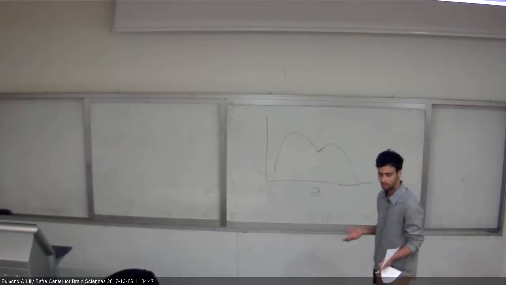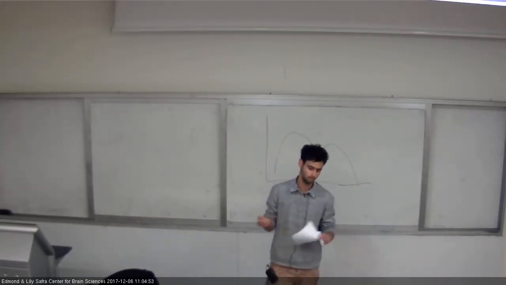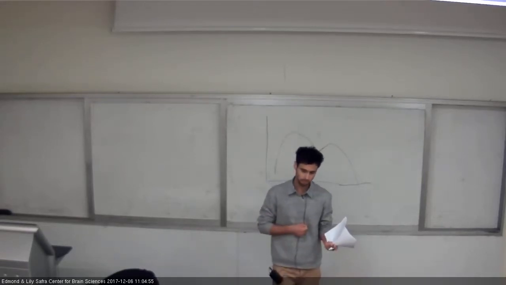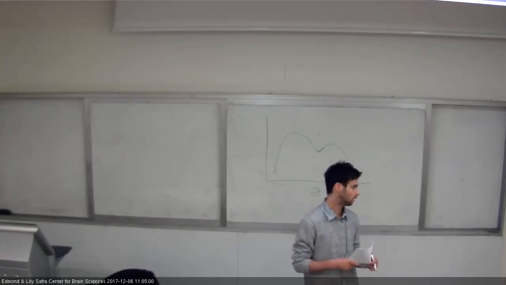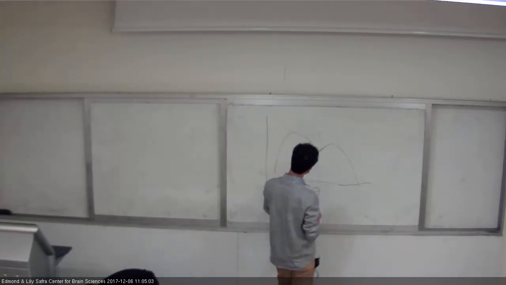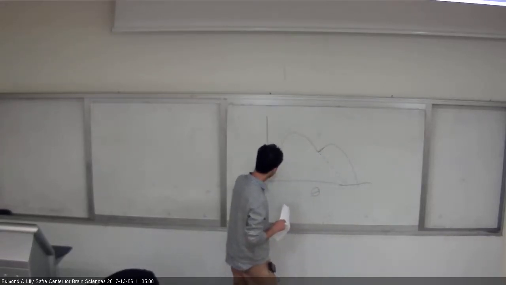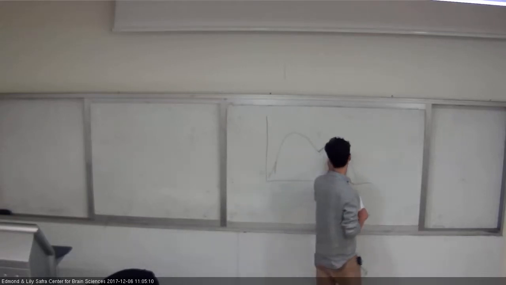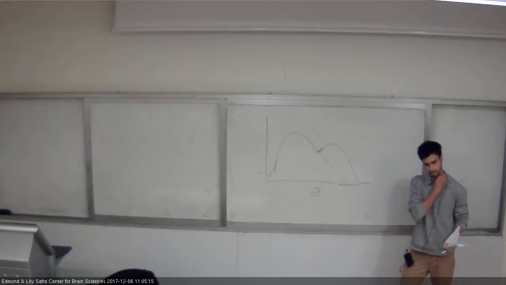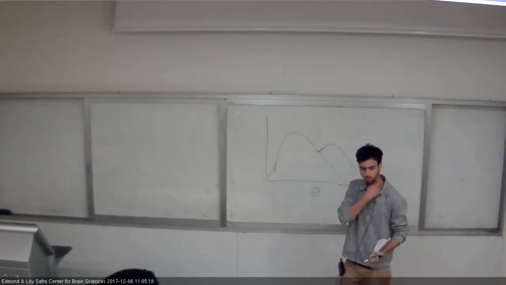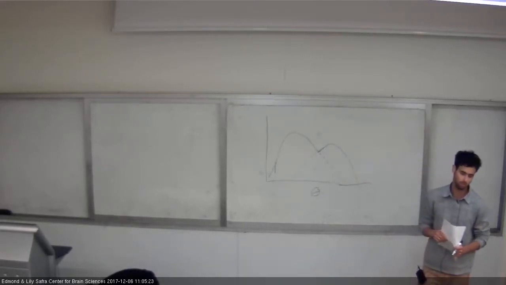But let's suppose that I'm telling you that in the population there are men and women, and each one of them has a different distribution. So now I'm telling you that the distribution of men is this distribution, and the distribution of women is this distribution. So what can you tell me now about the distribution?